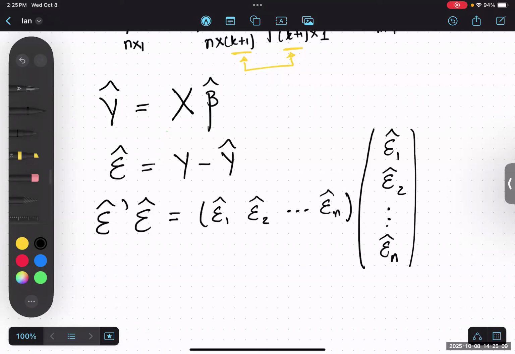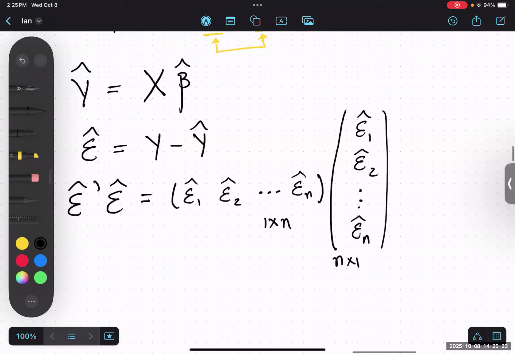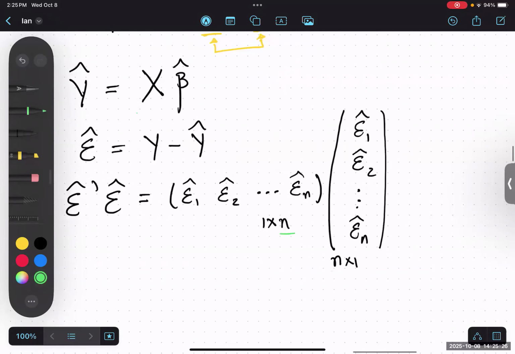Can you make this product of these two vectors? Well, let's check. The first one has dimensions 1 times n. The second one has dimensions n times 1. Of course you can. In fact, the number of columns in the first vector matches the number of rows in the second vector. And the resulting product is just one number. It will be a 1 by 1, which is just one single number.